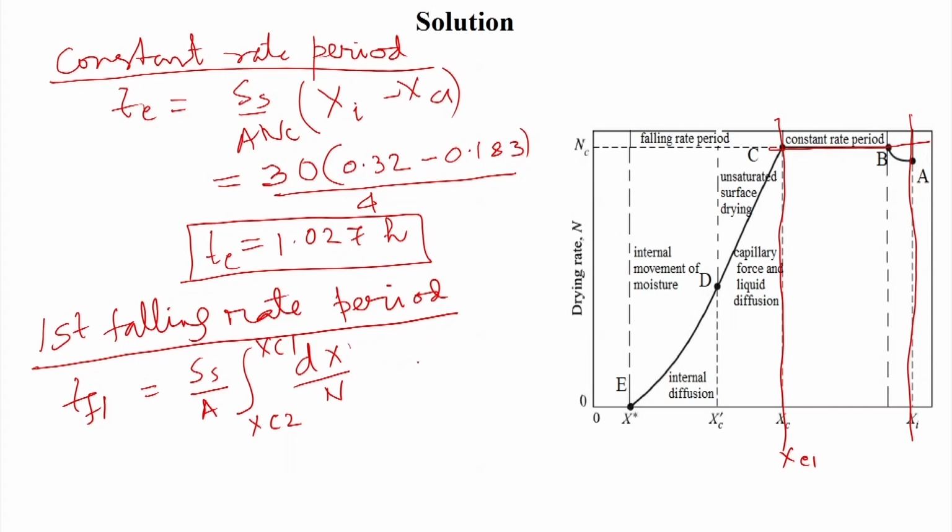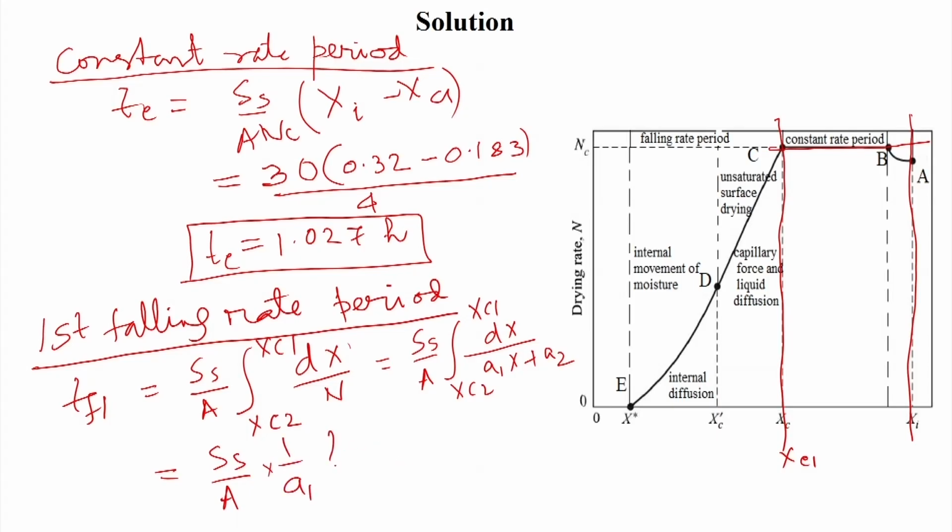That will be equal to Ss by A into integration XC2 to XC1 dx by A1 x plus A2. So, from there we will get Ss by A into 1 by A1 into ln of A1 XC1 plus A2 divided by A1 XC2 plus A2.